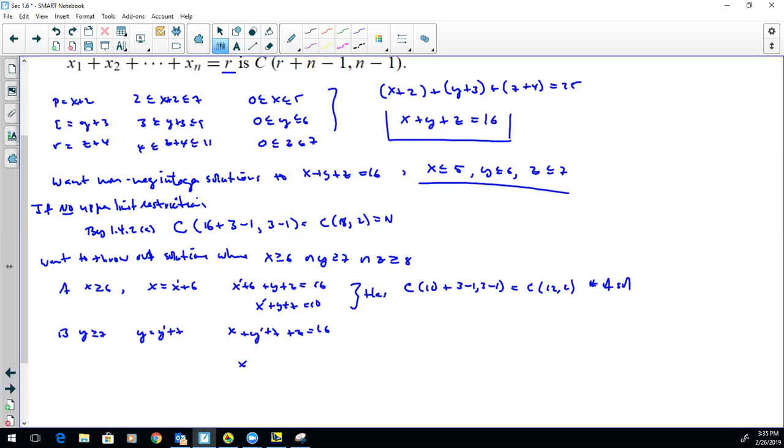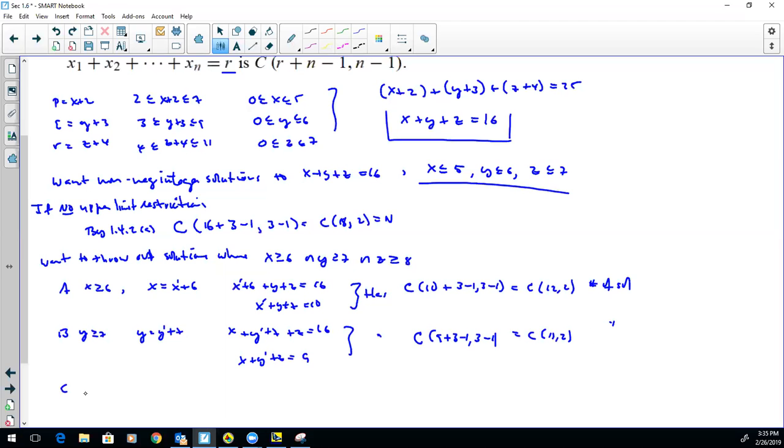So we're looking at solving x plus y prime plus z equals 9. Okay, and this has C of 9 plus 3 minus 1, 3 minus 1 equals C of 11, 2, number of solutions.